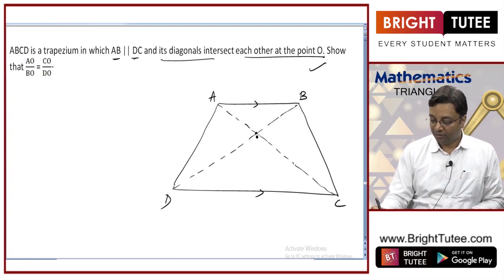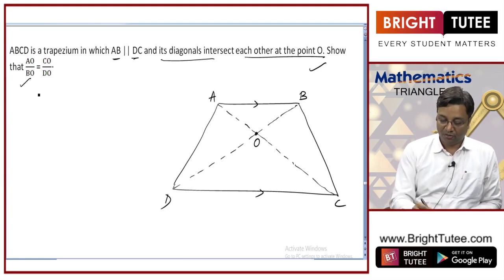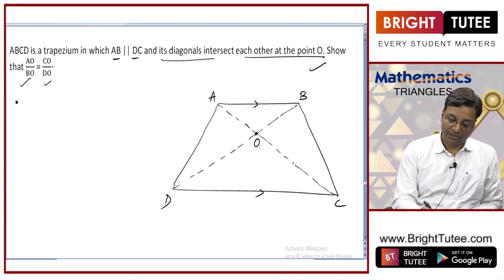Let us name this point as O. Now we need to show that AO divided by BO is equal to CO divided by DO. So let us not worry about this result and start the question.